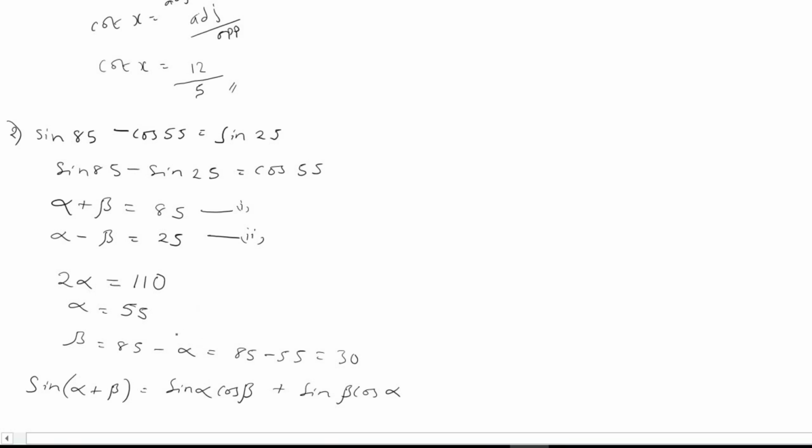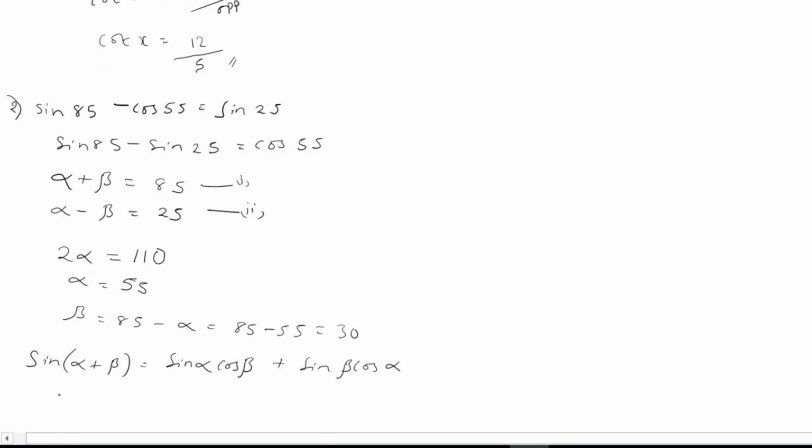Now this 85 will be replaced by sine 55 plus 30, and this 25 will be replaced by sine 55 minus 30. So if this sign is negative, it will simply change this other sign to be negative.